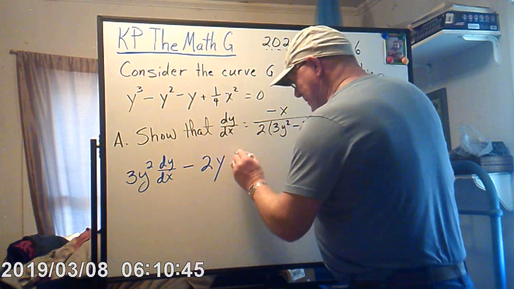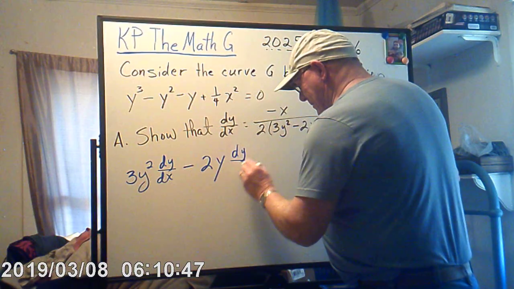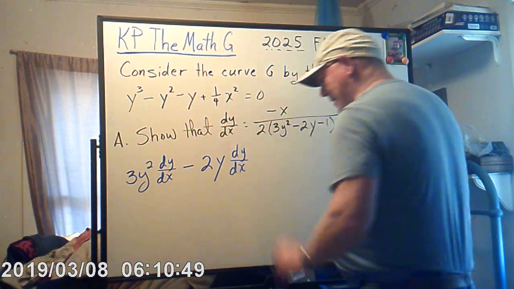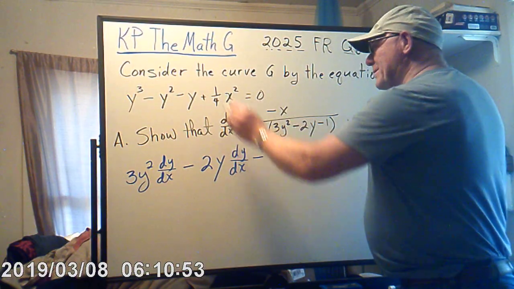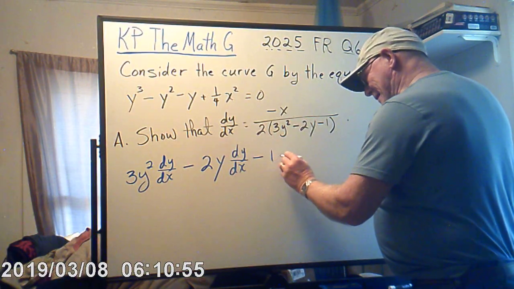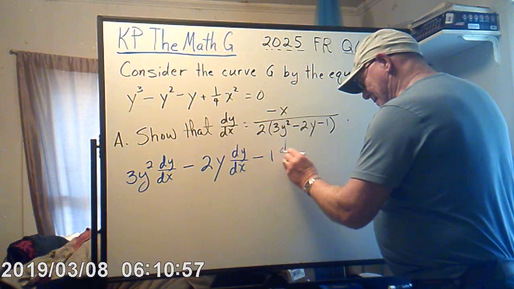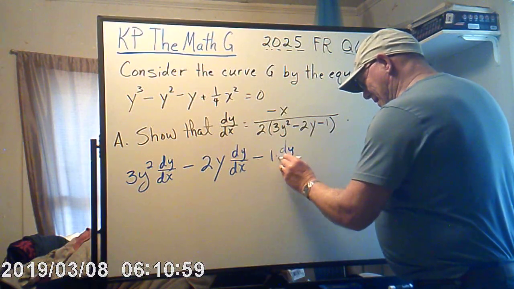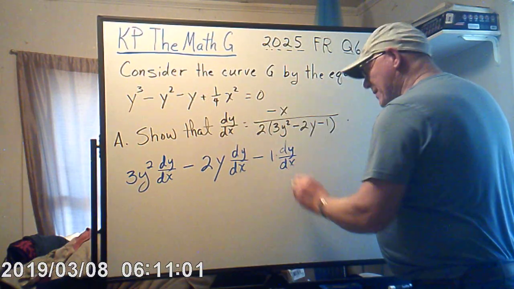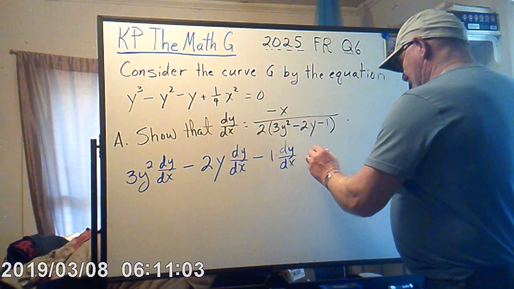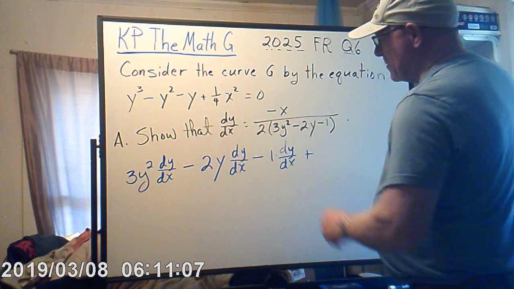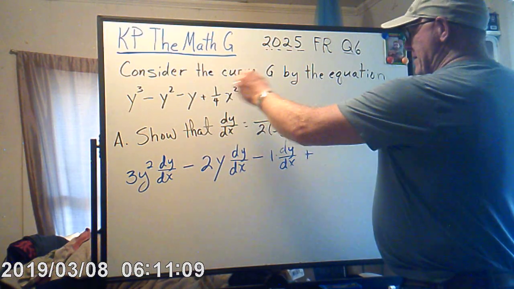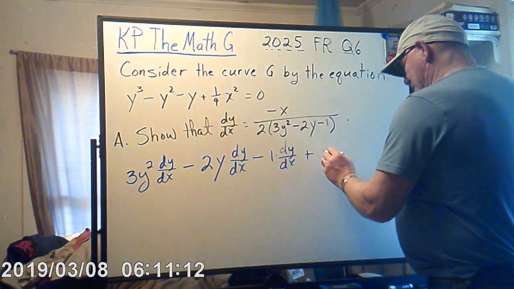2y dy over dx, you're differentiating y. Minus 1, derivative of y is 1, times dy over dx, plus, well, we've got to multiply 4 times 2.